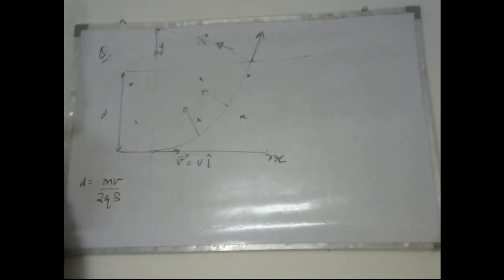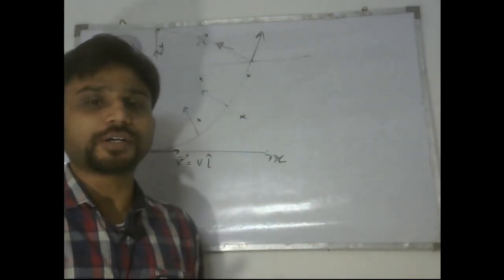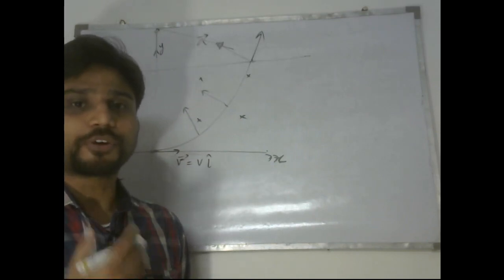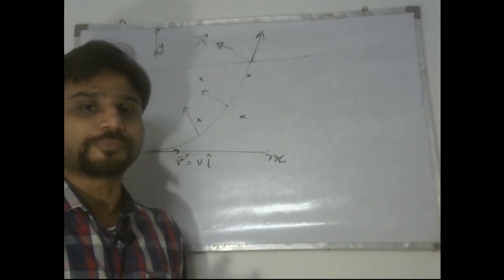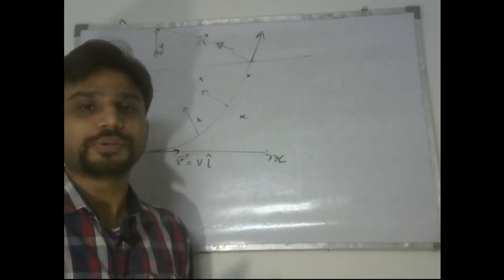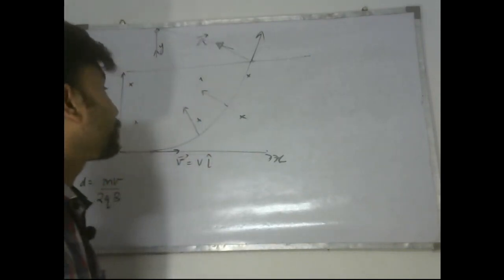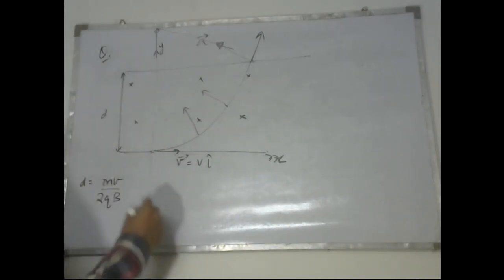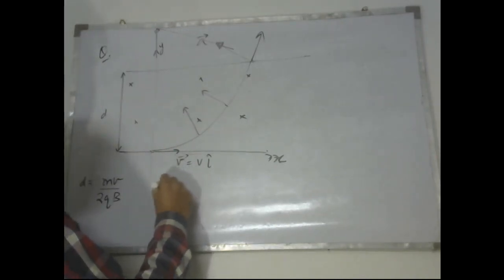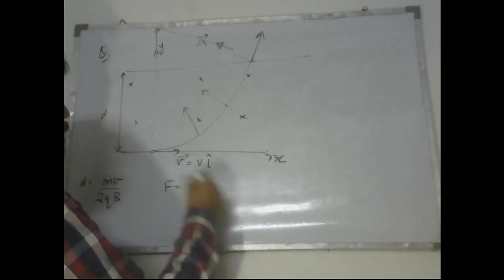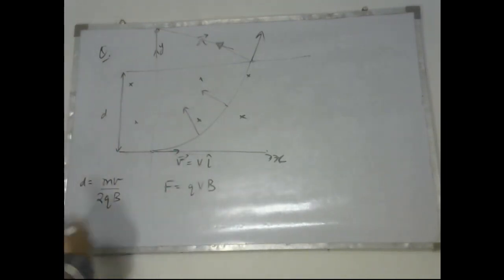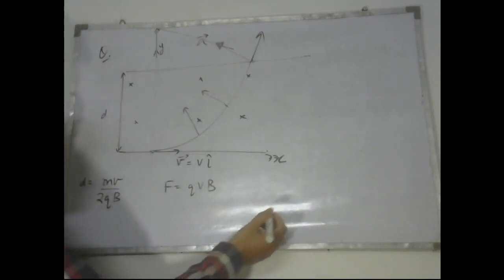Acceleration can be found by using the formula for the force acting on the particle, because acceleration follows Newton's second law. So we can say the force acting on the particle is equal to qvB sine theta, where theta is the angle between velocity and magnetic field, which is 90 degrees, and this is equal to mv square by r.